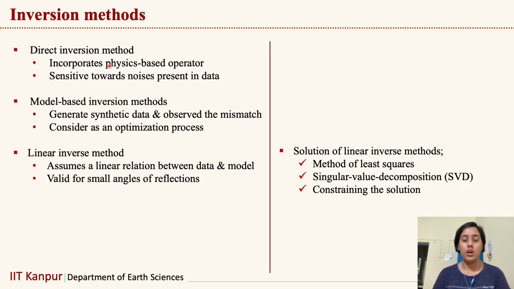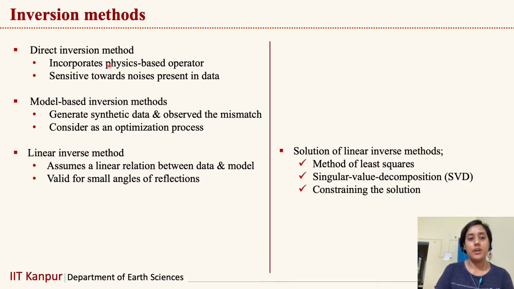This model could be your acoustic impedance or the porosity and permeability, the inverted property in which you are interested. Accordingly you can design the operator, but it comes with a limitation: we are all aware that the acquired seismic data is contaminated with noise.